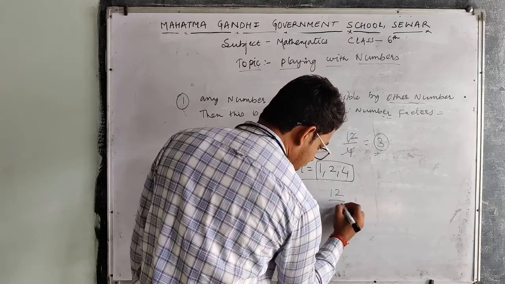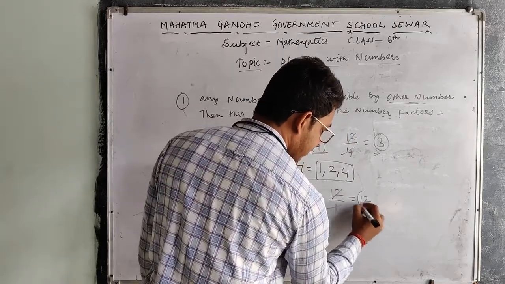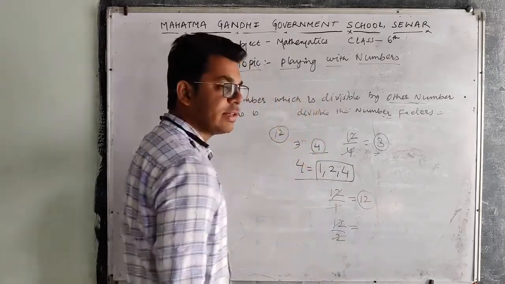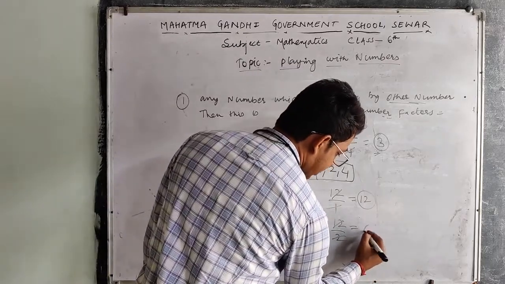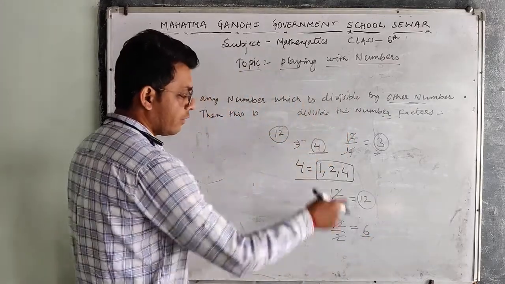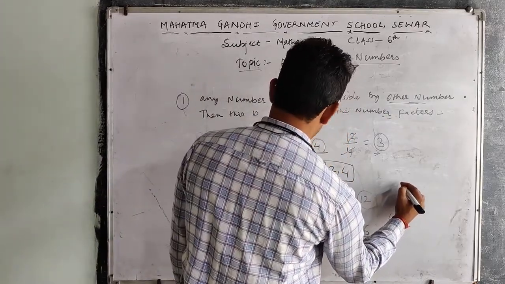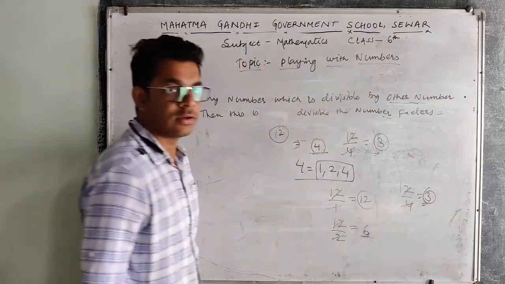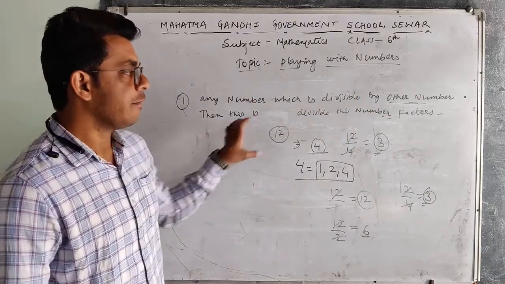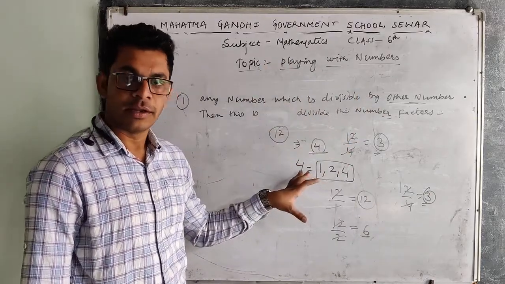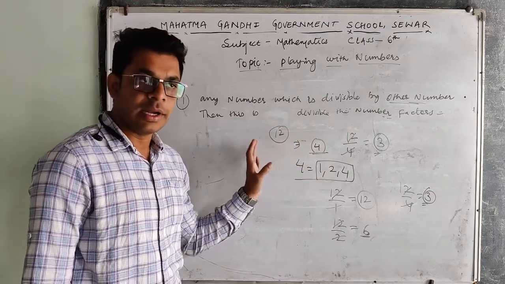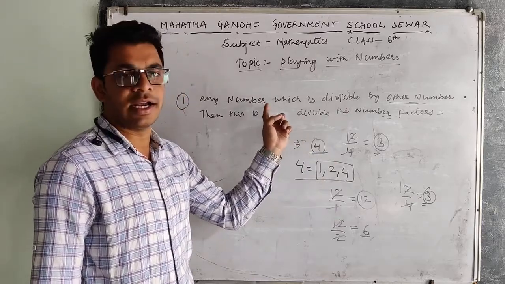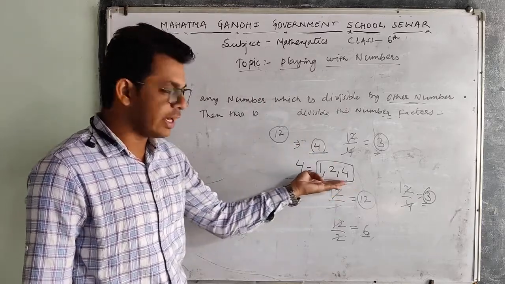If I divide 12 by 1, it is completely divisible. If I divide 12 by 2, it is also completely divisible. If I divide 12 by 4, the result is 3. So any number which is completely divisible by another number is also divisible by that number's factors.